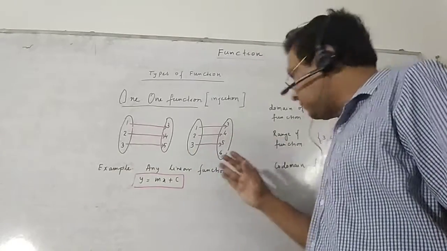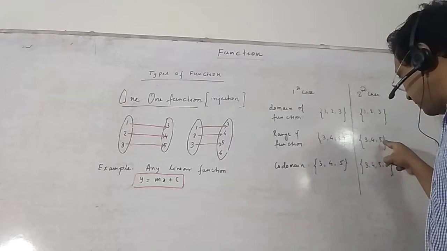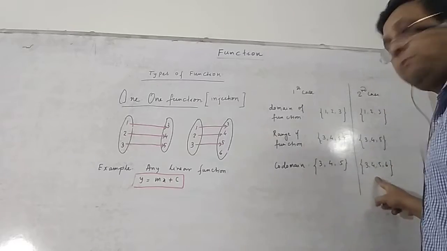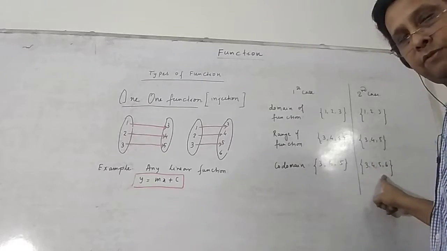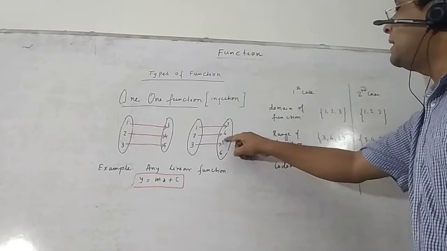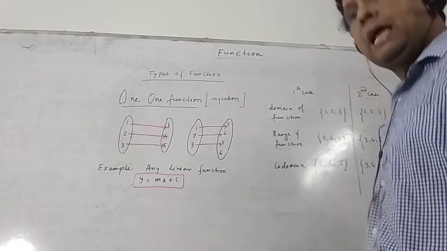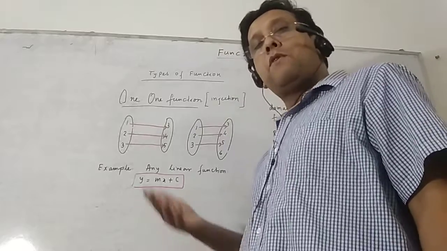In the range set I have not mentioned 6, but in the codomain I have mentioned 3, 4, 5, 6, though 6 is not in the range since it has not got any corresponding image.